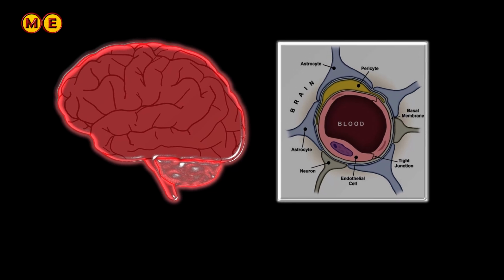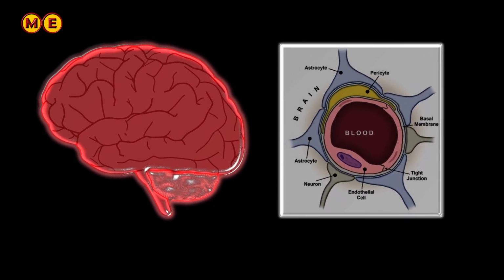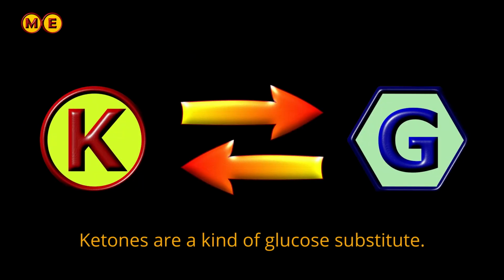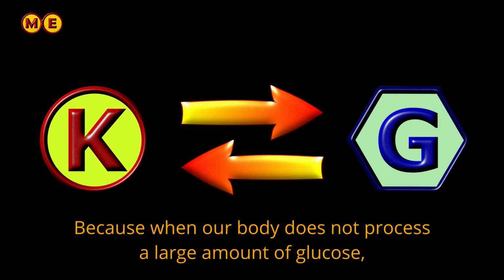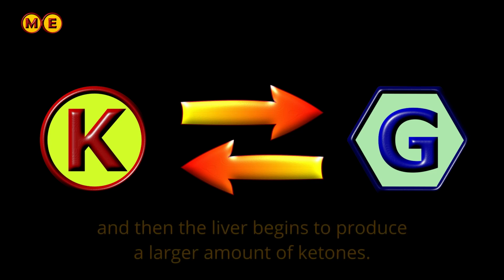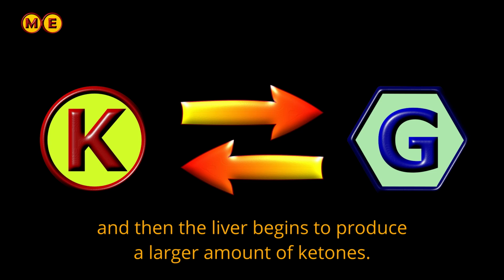But we'll talk about that in the next episodes. For now, let's just say that ketones are kind of a glucose substitutes, because in the cases when our body does not process a large amount of glucose, it begins to process a larger amount of fatty acids, and then the liver begins to produce a larger amount of ketones.